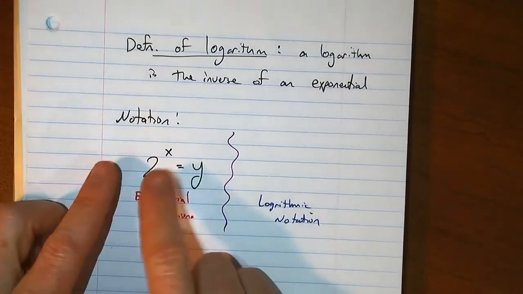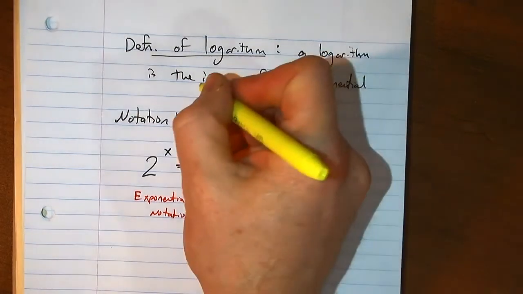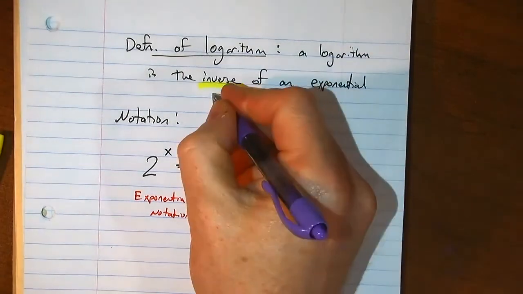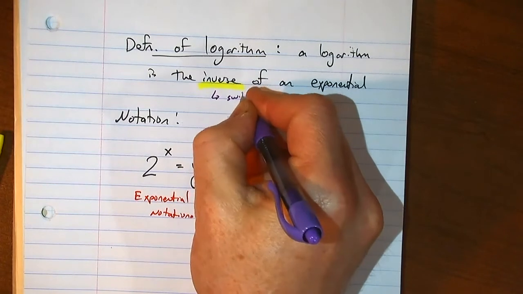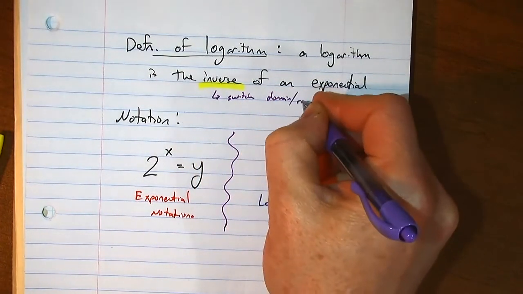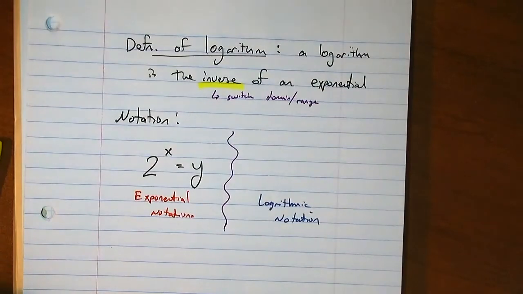All right. Now, if I want logarithmic notation, I'm going to have all this same information, but things are going to move around. And how do they move? Well, specifically, we know from previous lessons about inverses that inverses switch the domain and range. They switch the domain, which are the inputs, usually represented as an x, with the range, which are the outputs, usually represented with a y.